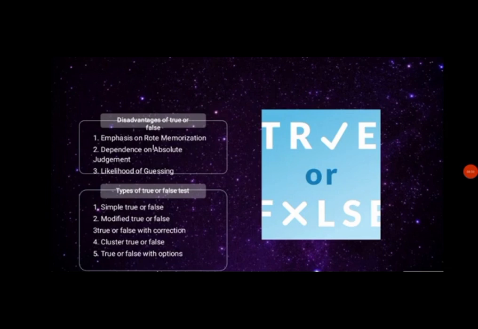So number 5, true or false with options. Ito yung may A, B, C, D na options. Kunwari, binigyan ka ng statement, tapos yung answer naman is, example is A, if only the first statement is true.